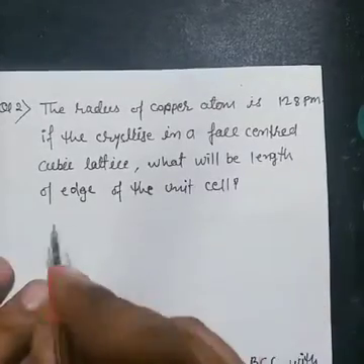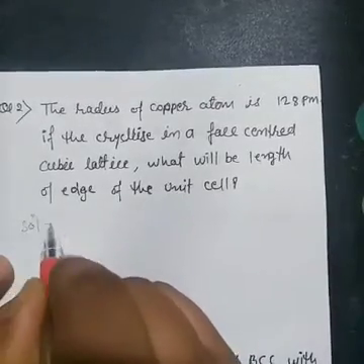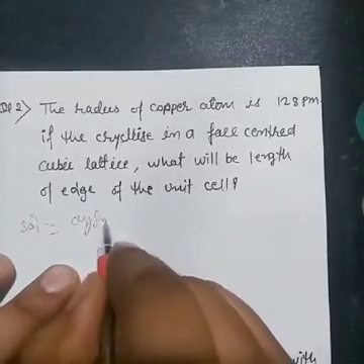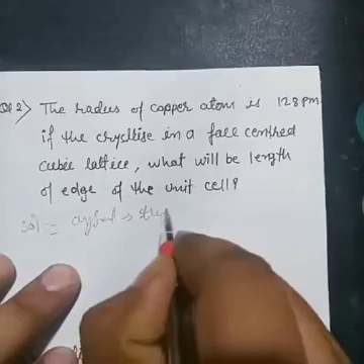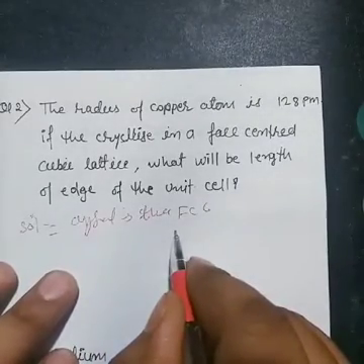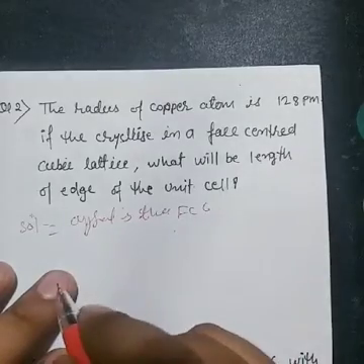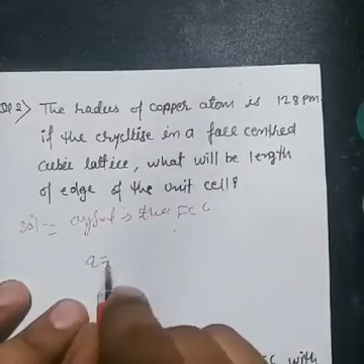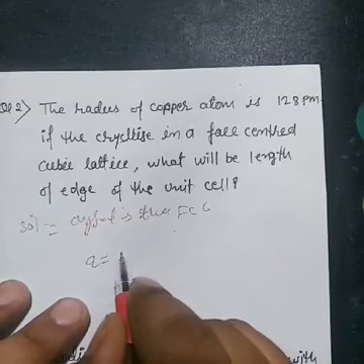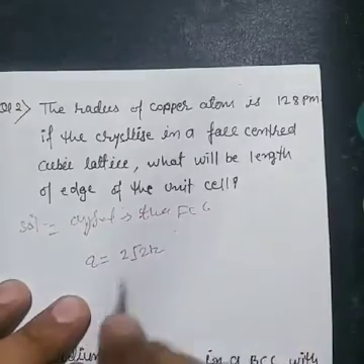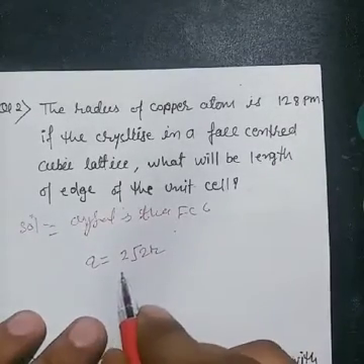Now I am writing directly the solution. The crystal is FCC, so you need only the formula of edge length. The edge length formula is a equals 2 under root 2 r.